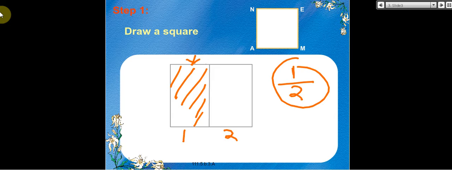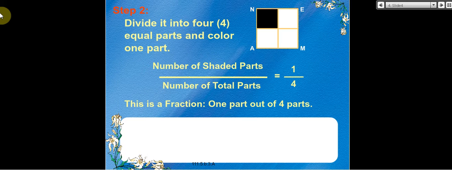Let me explain more examples. The square we drew, divide it into 4 equal parts and color one part. We divided the square into 4 parts and colored one in black.